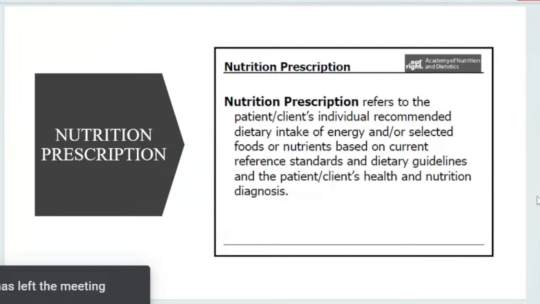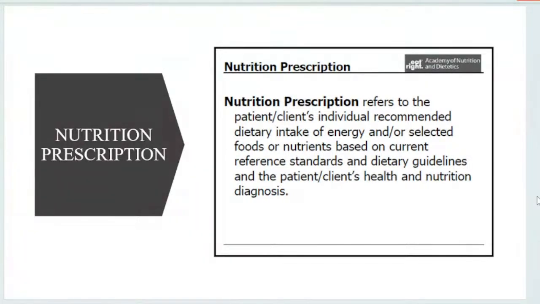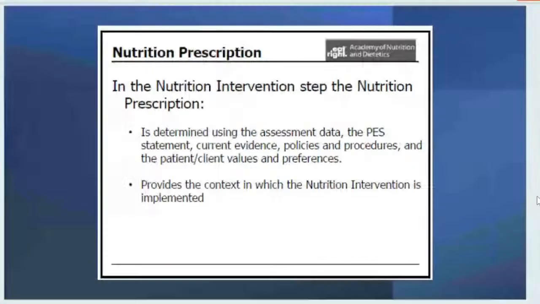And then, whilst we were talking about the planning domain, I said prescription, nutritional prescription. Nutritional prescription is your intervention in a summary form, so that when your colleagues or other healthcare teams see it in your notes, it is easier for them to know a summary of all that you want to do for your patients.